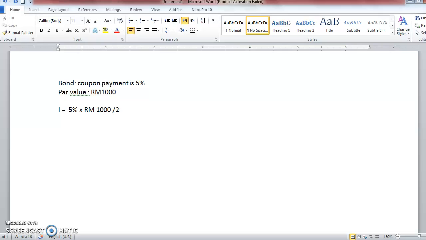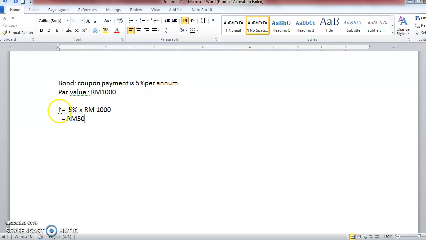Barulah kita bahagi dua, jika coupon itu dibayar semi-annually. If it's stated the coupon payment is 5% per annum, so no need, just once a year. So 5% simply times RM 1000, so for the I, you will get RM 50.